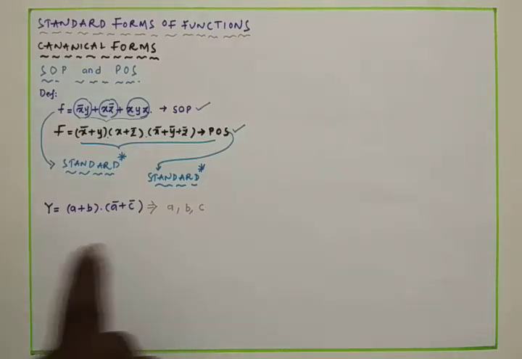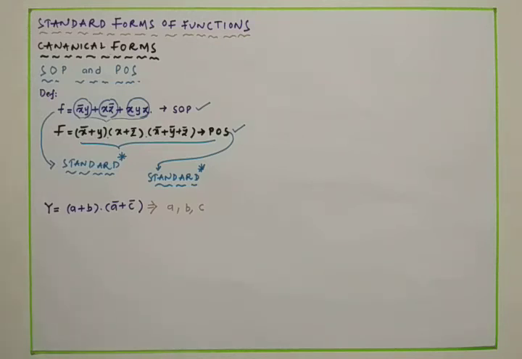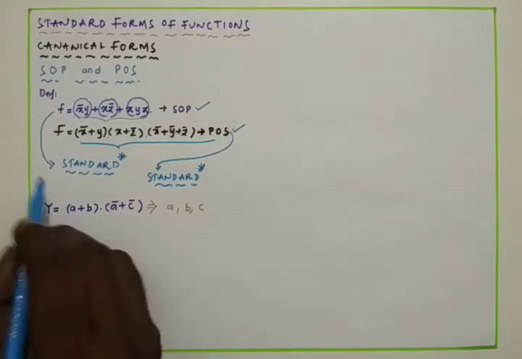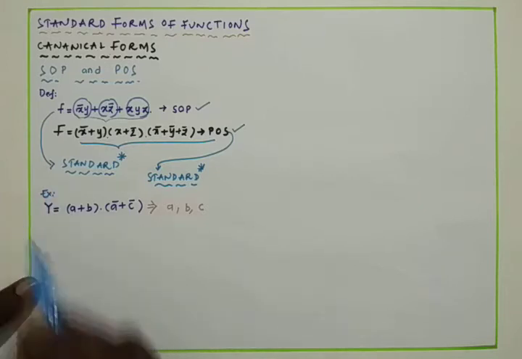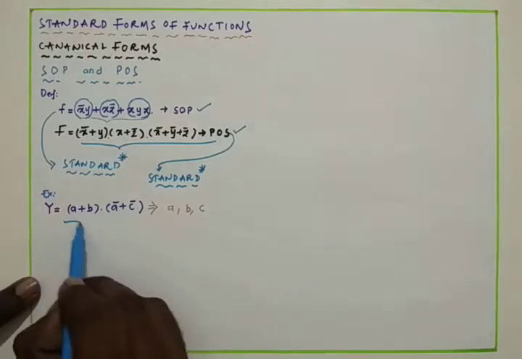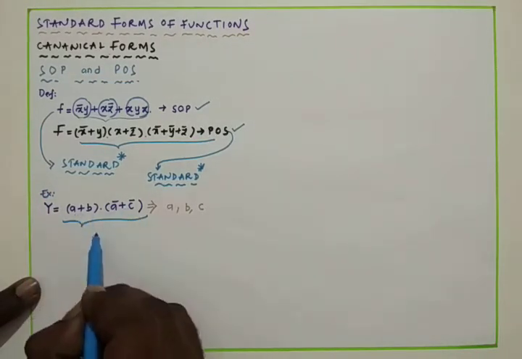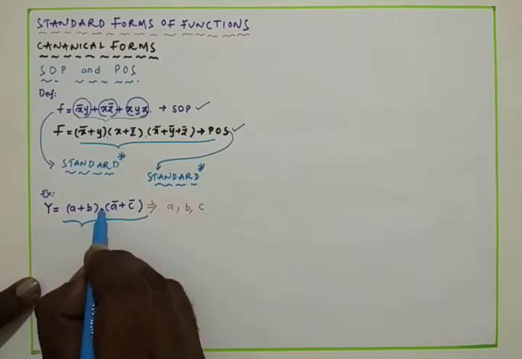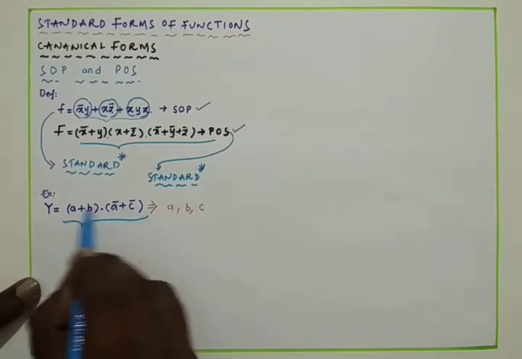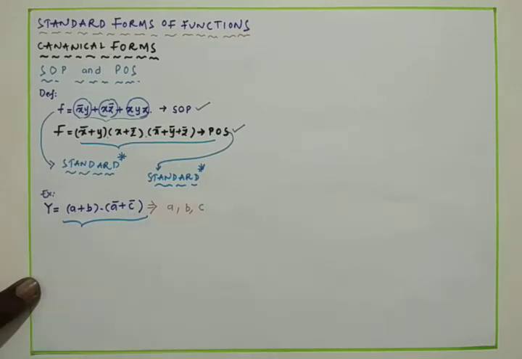It is a simple POS, the best example for POS. POS is product of sum. In total this is a product of sum terms: this is one sum term and this is another sum term.